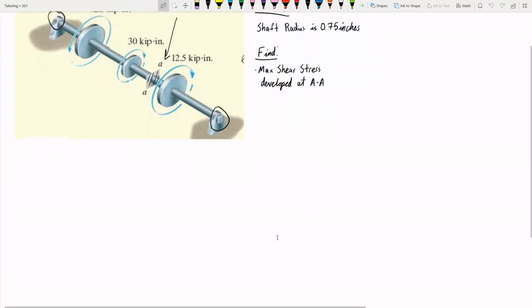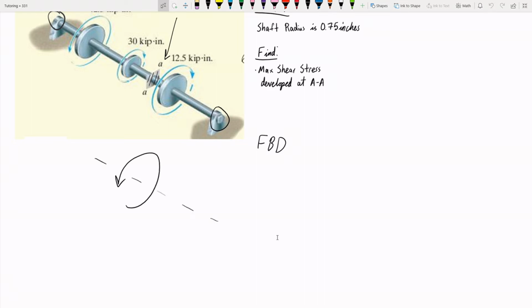If we were to look at this, we've got one torque like that, another torque going like this, like this actually.